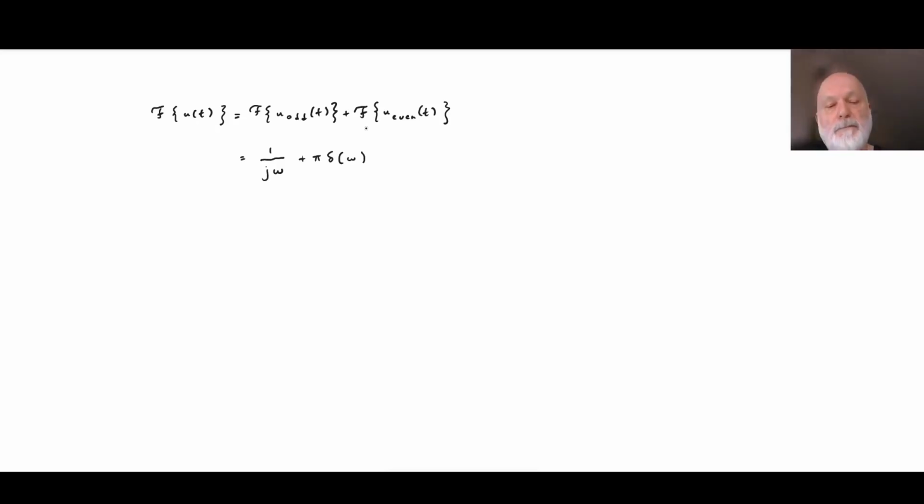Okay, so we have calculated the Fourier transform of u of t, but not by using the integral expression of the Fourier transform, because u of t is not absolutely integrable, and therefore the Fourier integral is not a convergent integral.